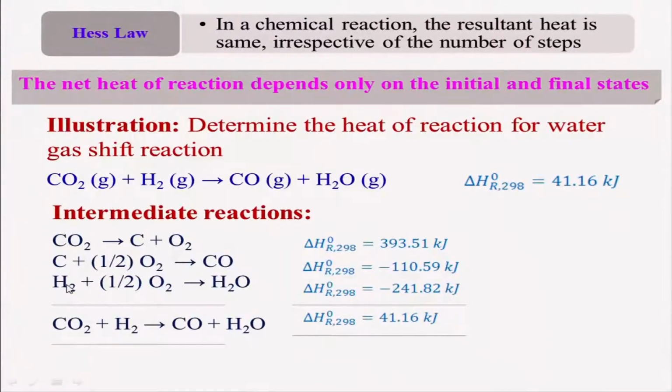And then hydrogen is reacting with half oxygen and going to the product water. If you add all those together, this will cancel out, and this half oxygen will also cancel out. So what you get is CO2 plus hydrogen going to 1 mole of carbon monoxide and 1 mole of water. If you add together, you get 41.16 kilojoules.